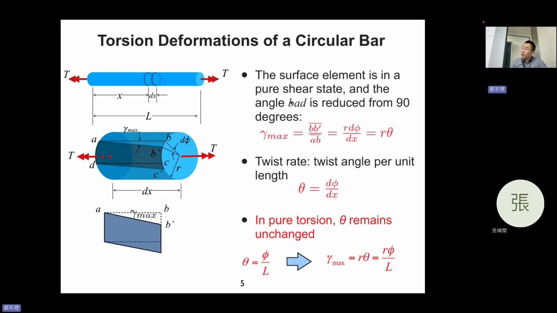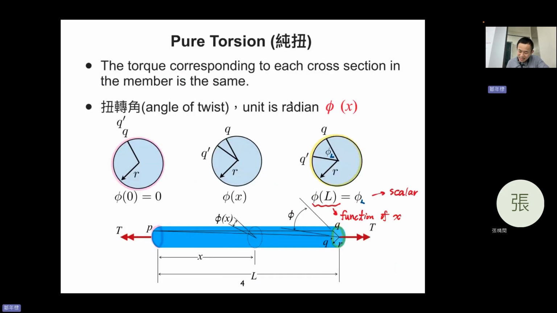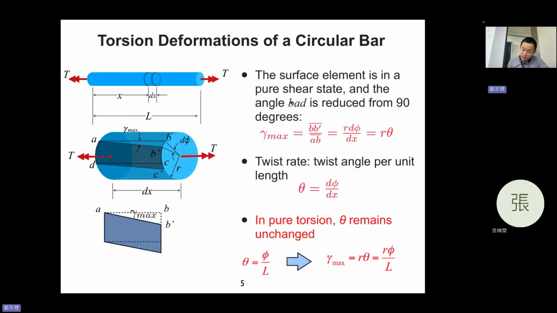So you can imagine that previously we set this point as the origin, right? But now we can also focus on this one as the origin. We only want to know the increase of phi within dx. So here it is a d phi, this is a d phi.